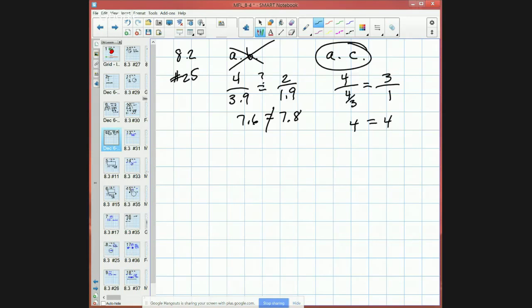I should keep checking, but I think I've done enough to show you. What have I not tried yet? I haven't tried B and C. We've tried A, B, and A, C. The only one remaining is B, C. I'll let you check that, but A, C definitely works. So how do you find out if two triangles are similar? By checking if the sides really are proportional.